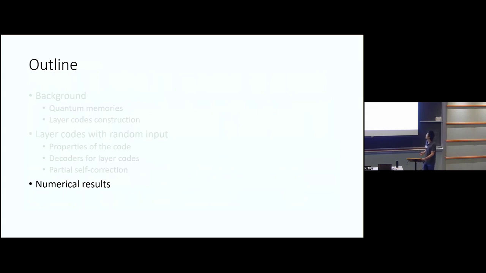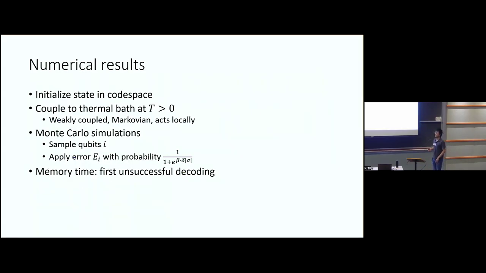Okay, great. So I guess that's all of the theory. Let me just show you one slide on the numerics that we did. We initialize the state in the code space, and then couple it to a thermal bath at non-zero temperature with all of these assumptions.